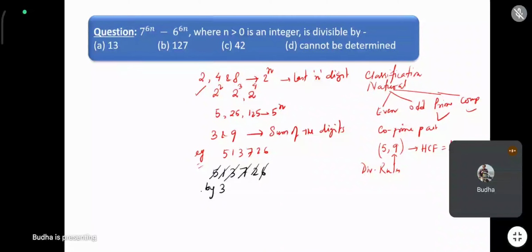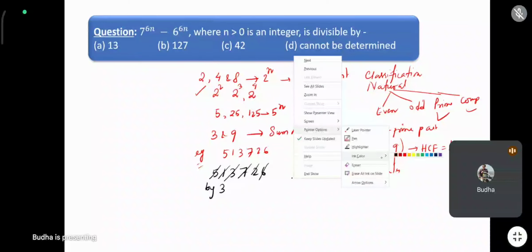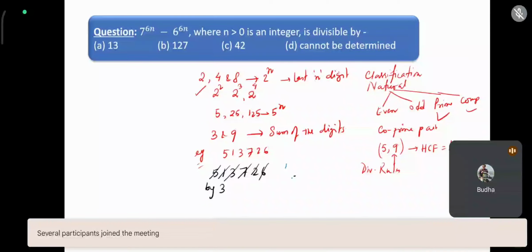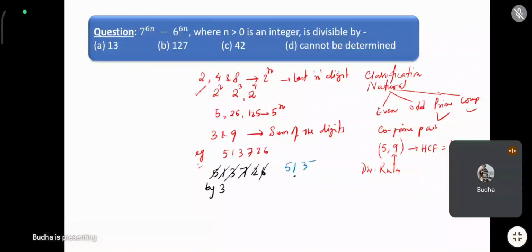Say for example, I want to test for divisibility by 9. So for 9, how do I test? I'll write the same number again, 513726. Let me check for 9. Our rule is to add the digits, and then check the divisibility by 9.